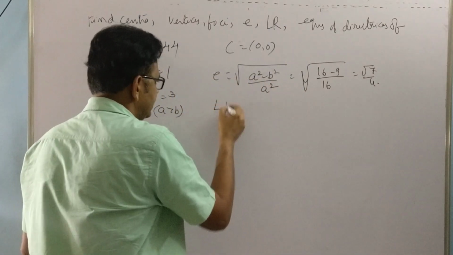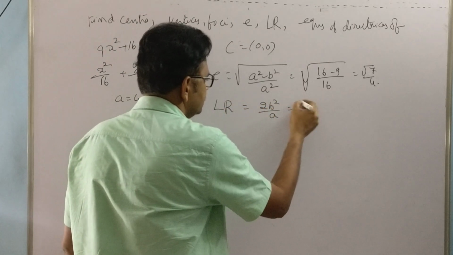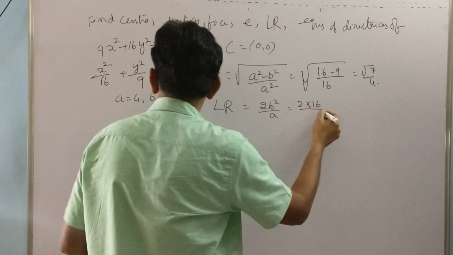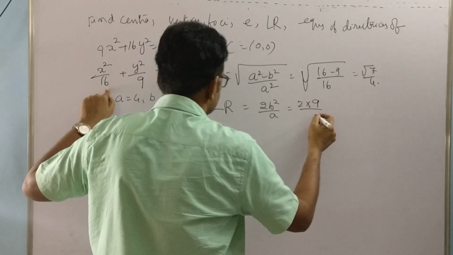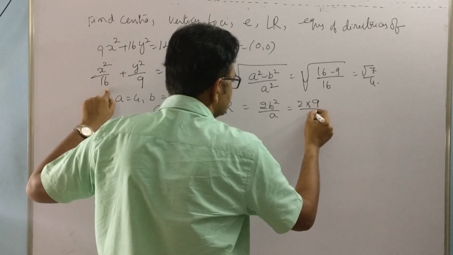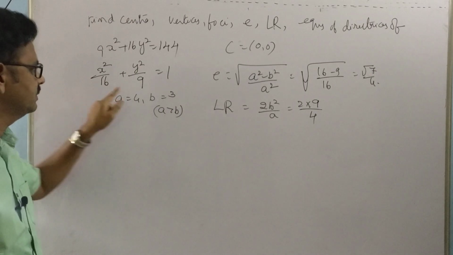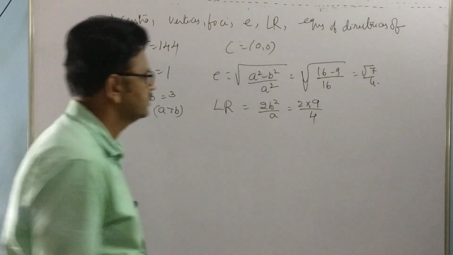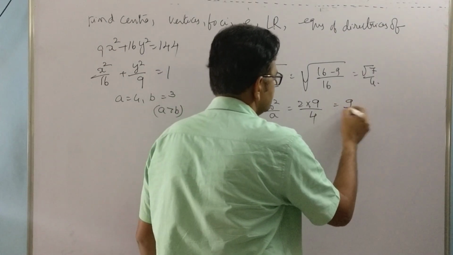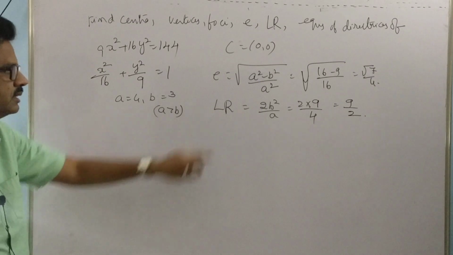Next one, length of latus rectum is 2b square by a. b square is 9, a is 4, so this is 2 into 9 by 4, that is 9 by 2. Length of LR means length of latus rectum.